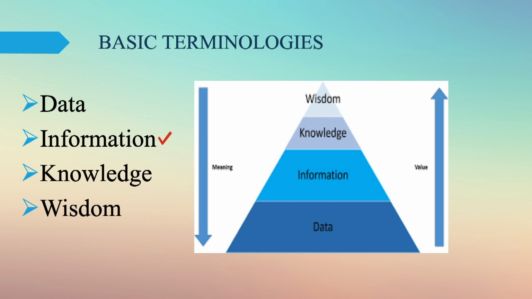The next upper layer is knowledge. The top cone will be wisdom. In the pyramidal structure, data is nothing but raw information. For example, we can say a PIN code. A PIN code is nothing but a number. This number is called data.